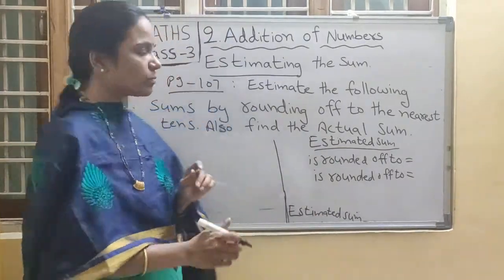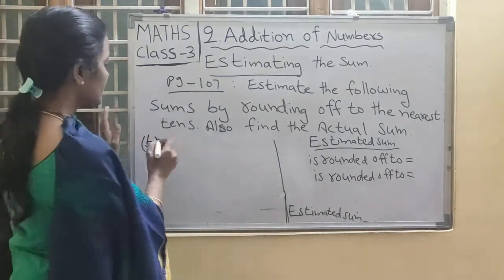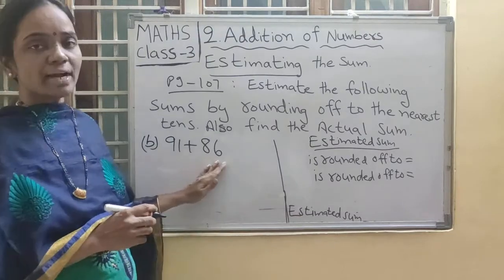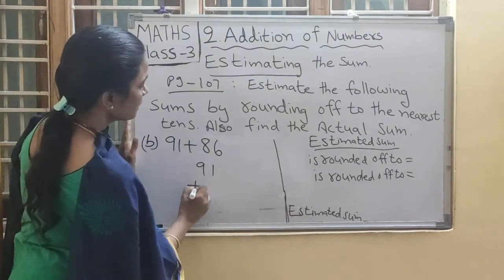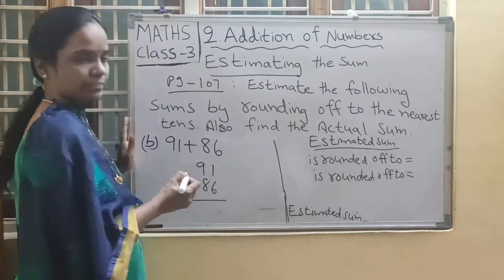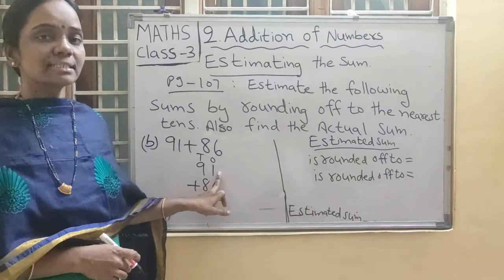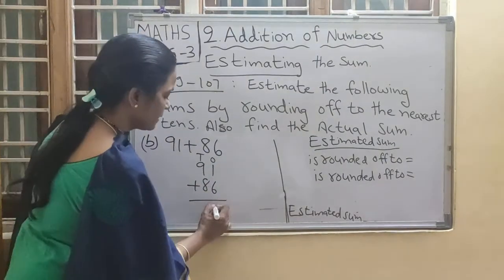Now take the B problem, children. B is 91 plus 86. So first find out the actual sum. So 91 plus 86. Yes, find out the sum. 1's place, 10's place. So add digits at 1's place. 1 plus 6, how much, children? 7.